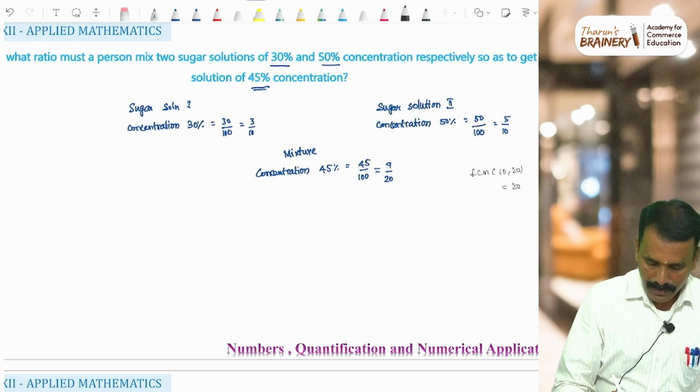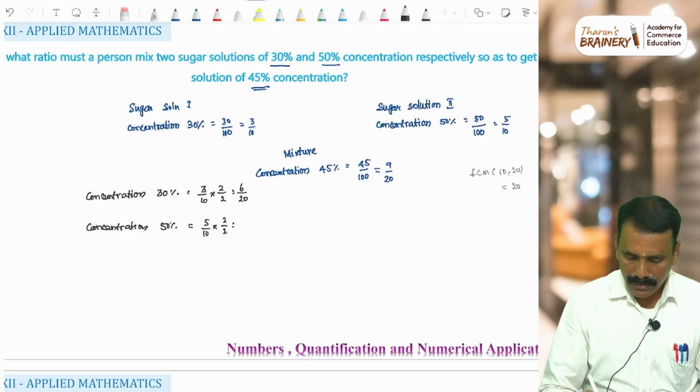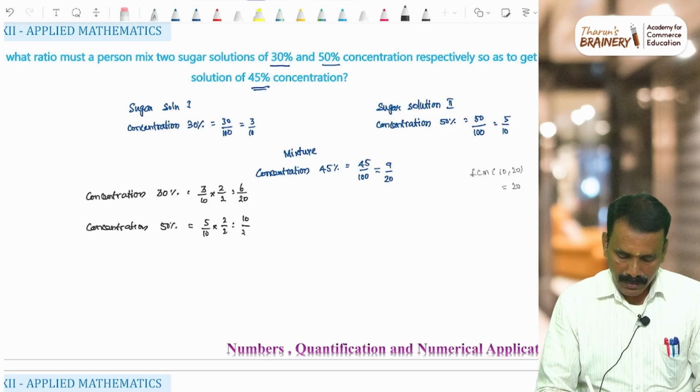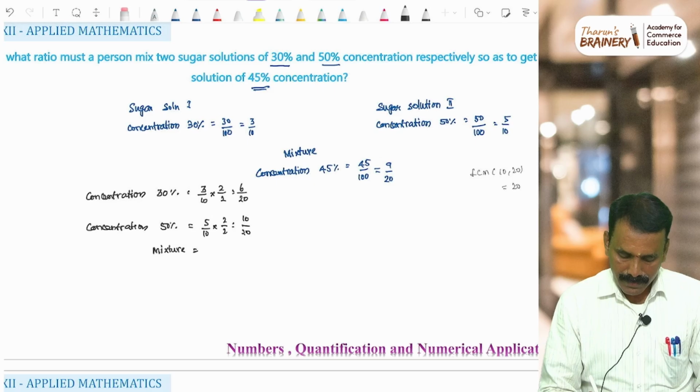So the concentration of 30% sugar will be equal to 3 by 10 multiplied with 2 by 2, it will be 6 by 20. The concentration of 50% sugar will be 5 by 10, again we multiply with 2 and divide by 2, it is 10 by 20, and the mixture will be 9 by 20.